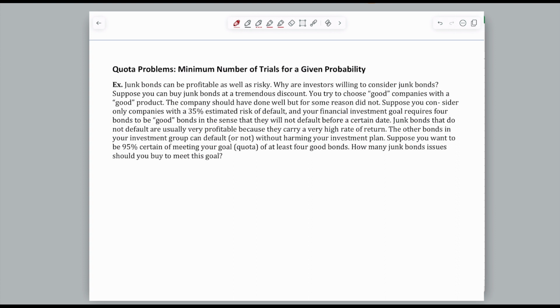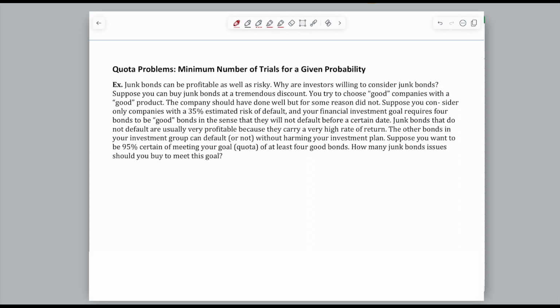Junk bonds that do not default are usually very profitable because they carry a very high rate of return. The other bonds in your investment group can default or not without harming your investment plans. Suppose you want to be 95% certain of meeting your goal, which is the quota of at least 4 good bonds. How many junk bond issues should you buy to meet this goal?